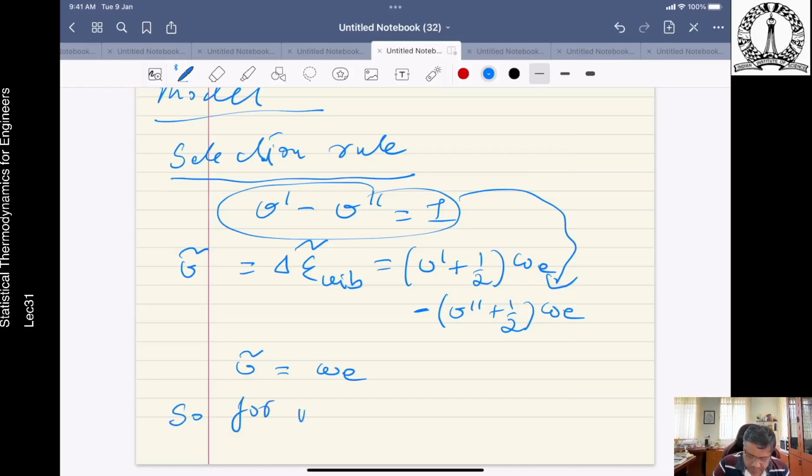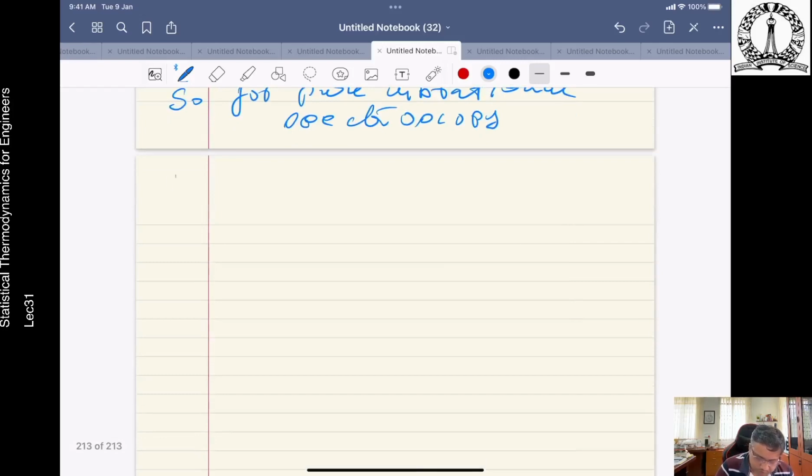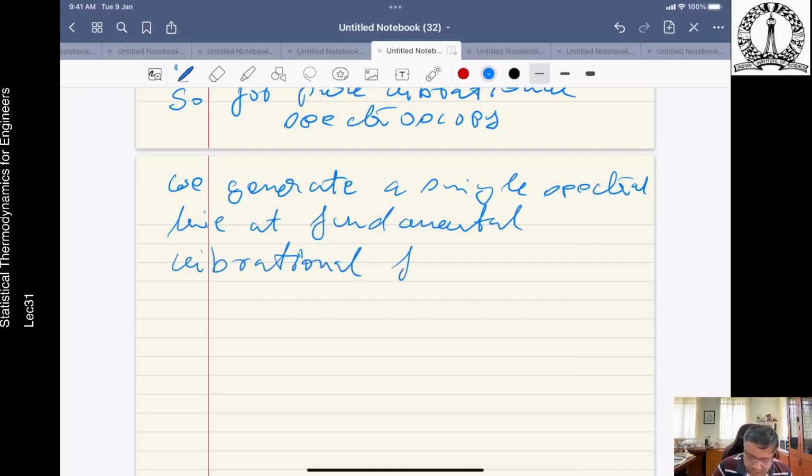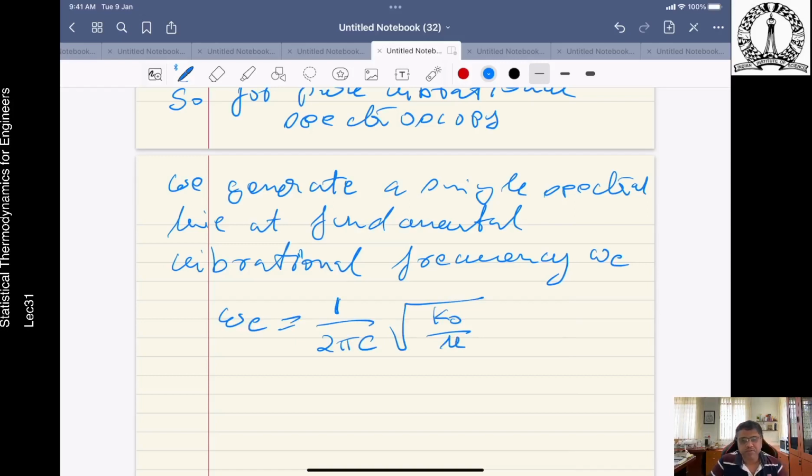So for pure vibrational spectroscopy, we generate a single spectral line at the fundamental vibrational frequency omega E. And if we recall what was omega E, omega E was 1 over 2 pi c times the square root of k naught by mu, right?